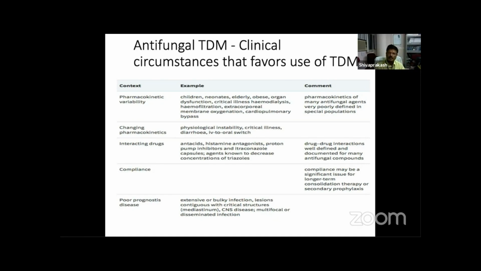You cannot give the same dose to a 50 kg person and a 100 kg person. Organ dysfunction, absorption, and other variations are there. Critical illness such as hemodialysis, hemofiltration, extracorporeal membrane oxygenation, and cardiopulmonary bypass. These are all the major situations where we consider TDM for antifungals.